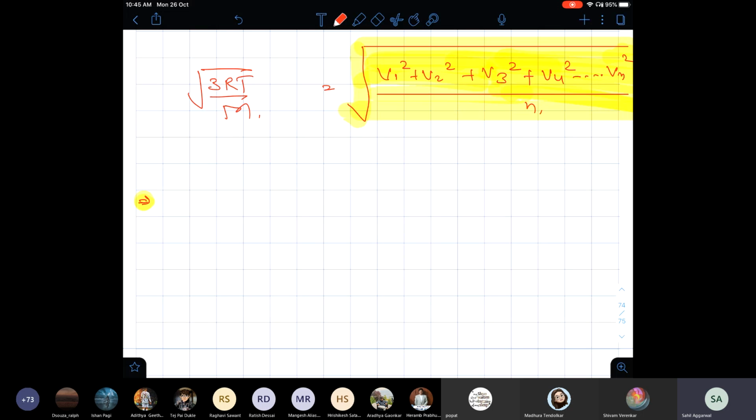Okay. Values I already gave you in the last class. VRMS is greater than V average is greater than V most probable. Any doubt in this?